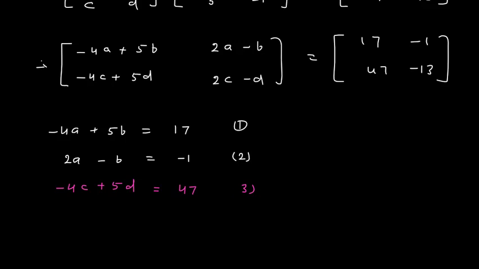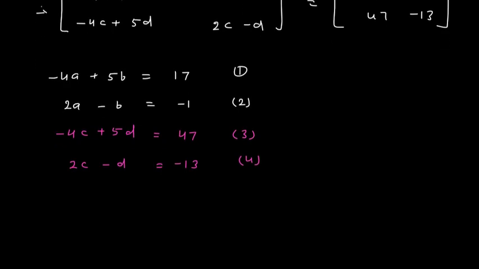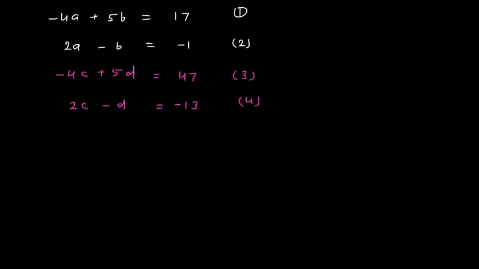Now I will multiply equation 2 by 5, so we get 10a - 5b equal to -5. This is equation number 5.